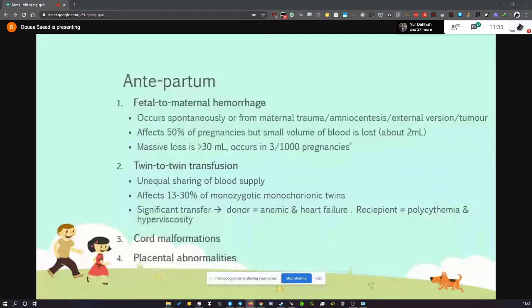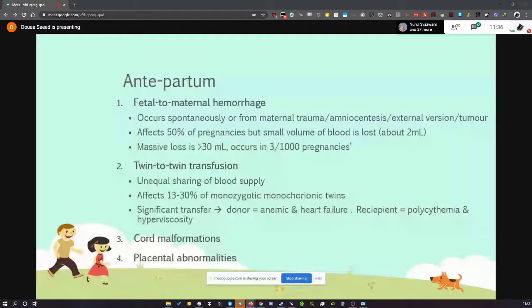But the spontaneous occurrence usually affects 50% of pregnancies, so it's actually pretty common. But in those 50%, the amount is very minimal, so it doesn't cause hemorrhagic anemia in the baby. When there is massive loss, which is more than 13 milliliters, it occurs in about 1 in 1,000 pregnancies because of maternal trauma and amniocentesis and such.